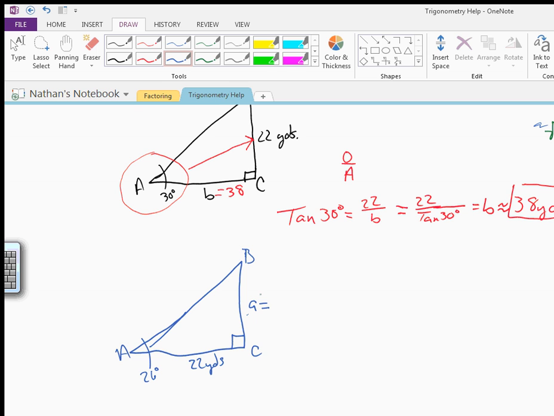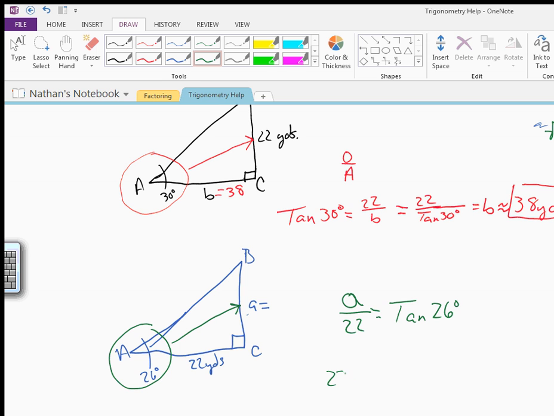So we look at this again, and we're looking at it from the perspective of, here's our vantage point, here's what we're needing. So it's opposite, which we don't know, over what we do know, which is 22, the adjacent, equals, and of course we're looking at tangent yet again at 26 degrees.